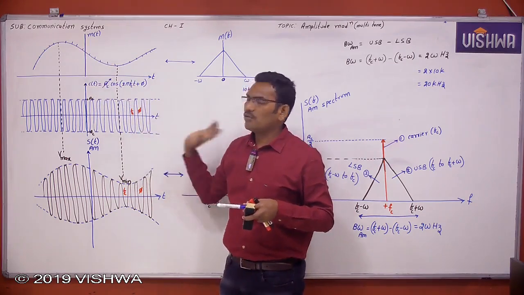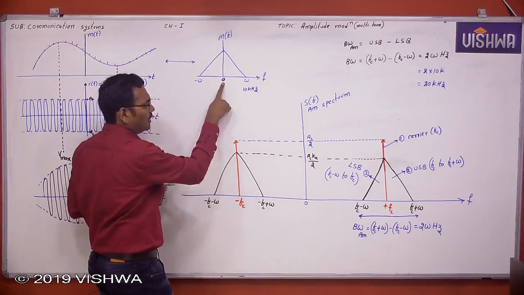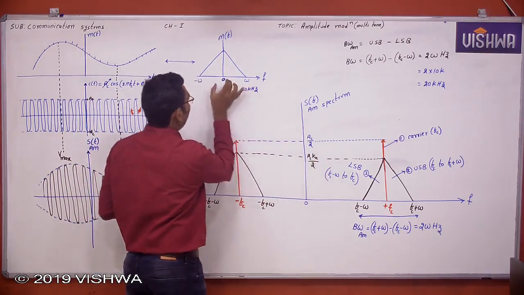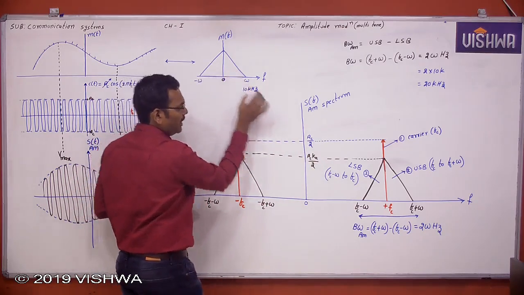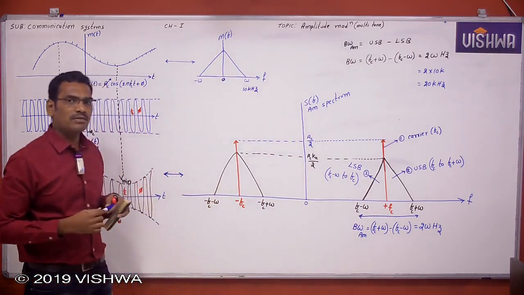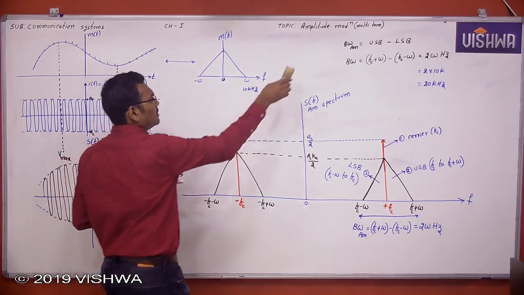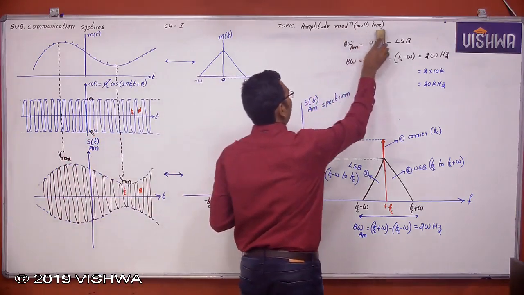Therefore this is called amplitude modulation, and here the low frequency information is transformed to high frequency as it is. This is available as it is, but at a high frequency. This process is called modulation. Clear or not?